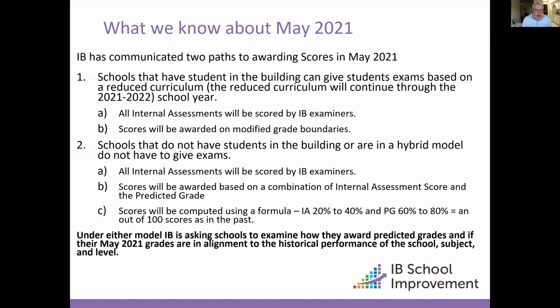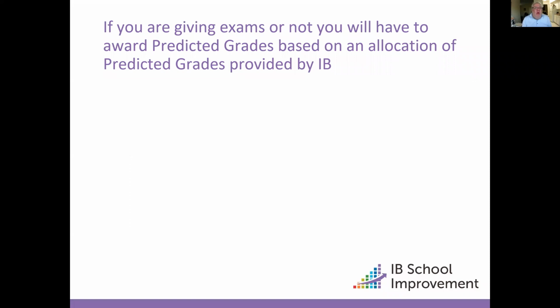Under either model, IB is asking schools to examine how they award predicted grades for May 2021, and are those predicted grades in alignment with historical performance for school, subject, and level. Okay, so if you are giving exams or you are not, you will have to award predicted grades based on an allocation of predicted grades provided by IB.